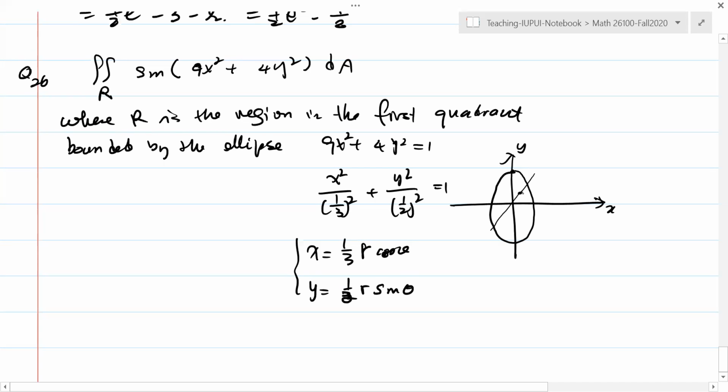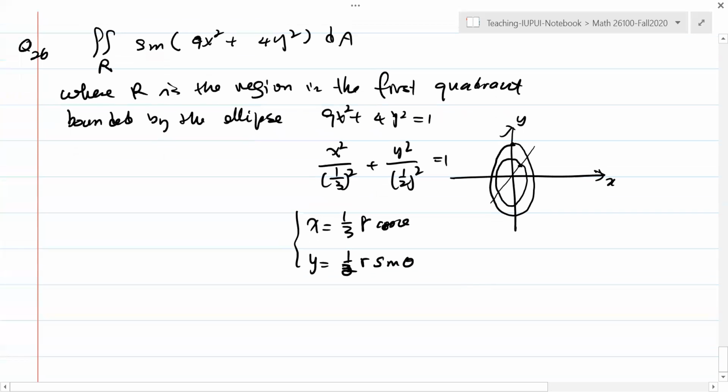The idea is that for every small ellipse, r is going to be small. When you square it, you get 9x squared plus 4y squared equals r squared. So r should be less than or equal to 1 because it's inside the ellipse, and theta is between 0 and 2 pi.